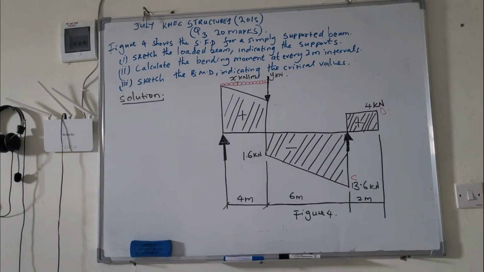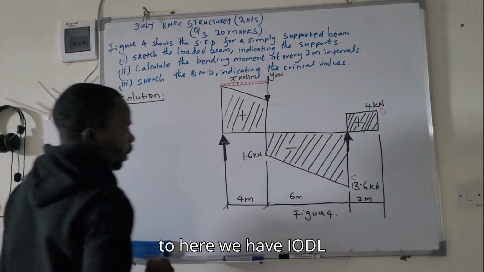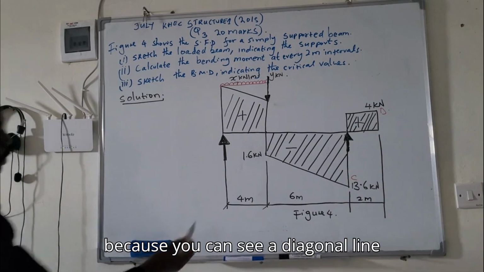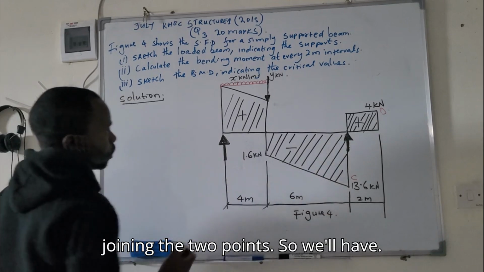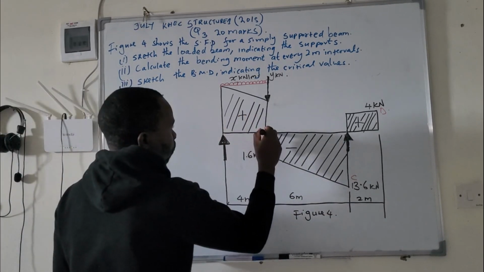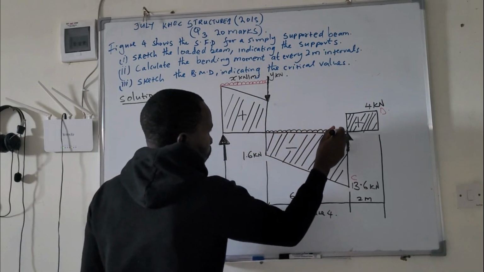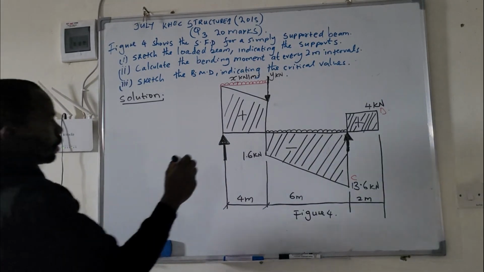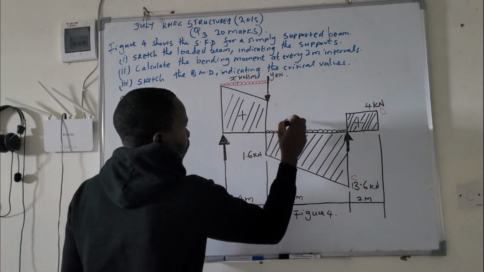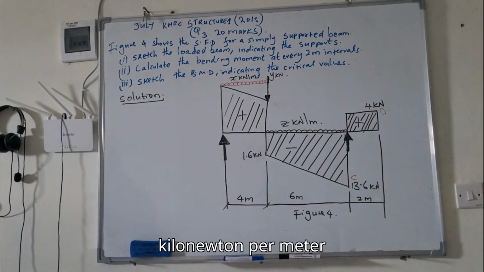Again, from here to here, we have a UDL because you can see a diagonal line joining the 2 points. So we will have a UDL, let's say Z kilonewton per meter.